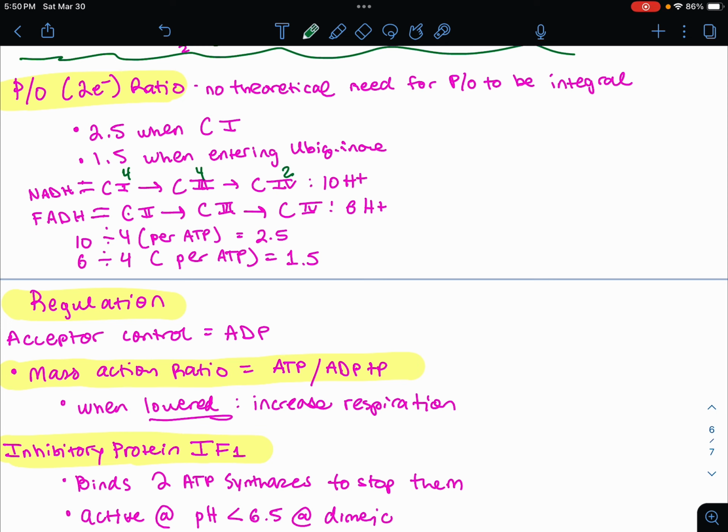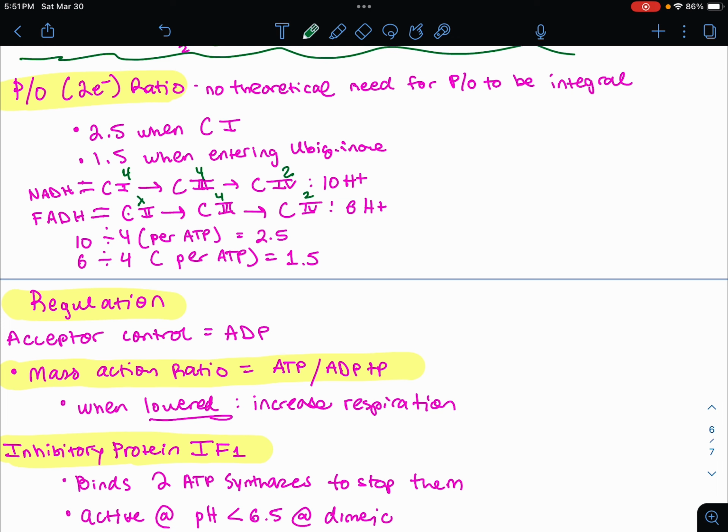With FADH2, we're starting at complex 2, not a proton pump, so nothing there. Complex 3 pumps out 4 hydrogens. Complex 4 pumps out 2 hydrogens, for a grand total of 6 hydrogens if we started with FADH2. Okay, 4 hydrogens per ATP, right?